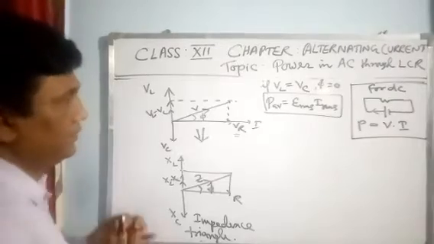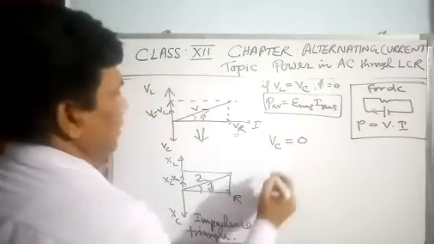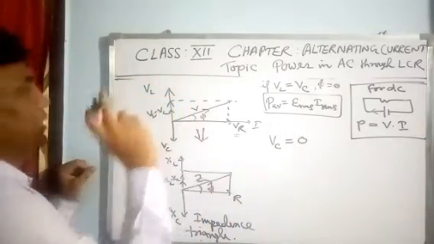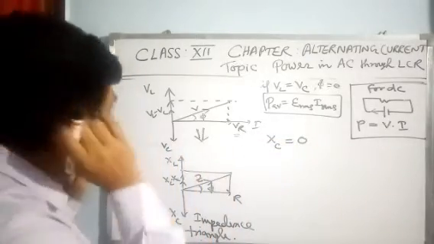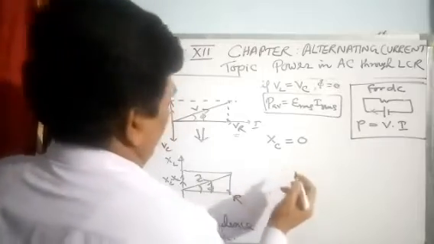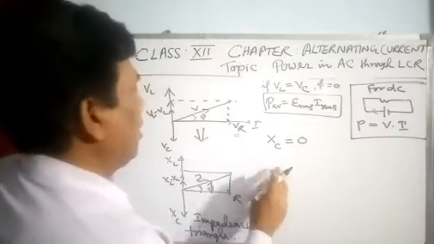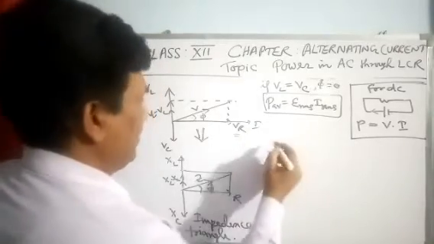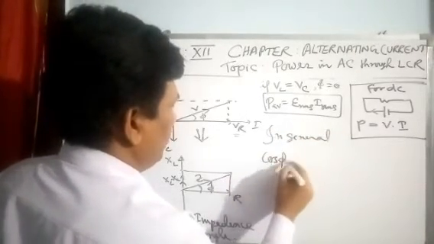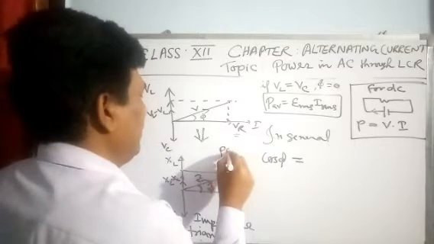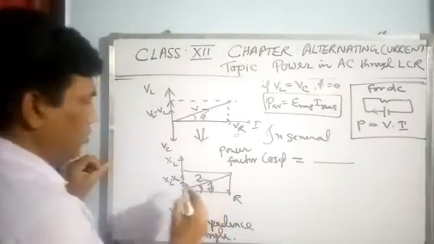If VC is not there, it means VL is there, or XC is not there. Same thing. XC is not there, means XL is there. Are you getting it? Then in general you can write the power factor cos phi equal to what?